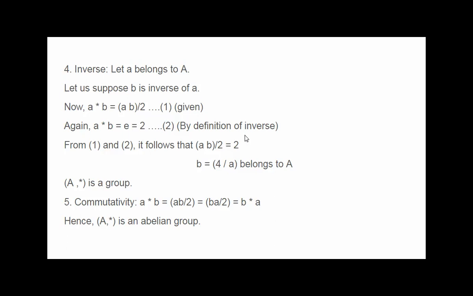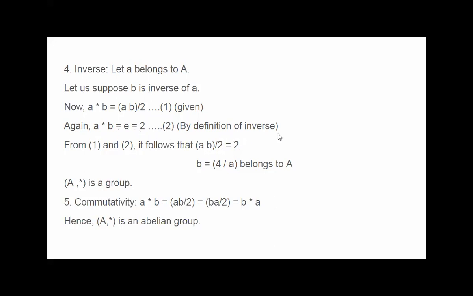By the definition of inverse, a star b is equal to 2, meaning the operation of an element with its inverse gives the identity element, which is equal to 2.